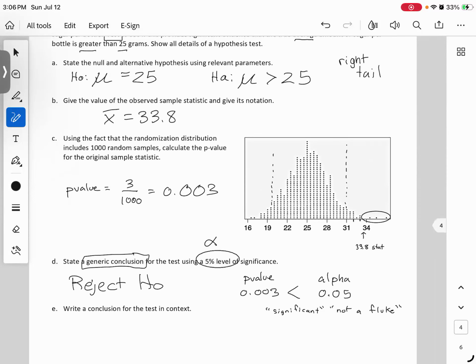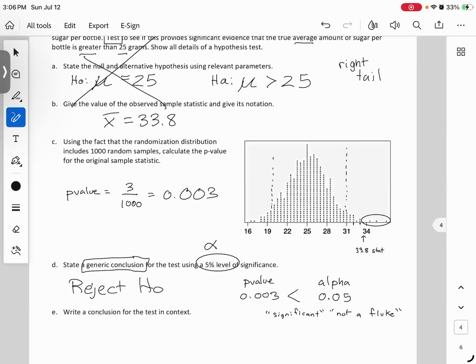So, in other words, this just died because the 33.8, which is already immediately backing up the idea that there's more than 25 grams, also has behind its conclusion that it was probably not a fluke. Right. So if they did want to do another sample of these bottles of tea, it would probably once again show that there's too much sugar in these bottles. The label's wrong.